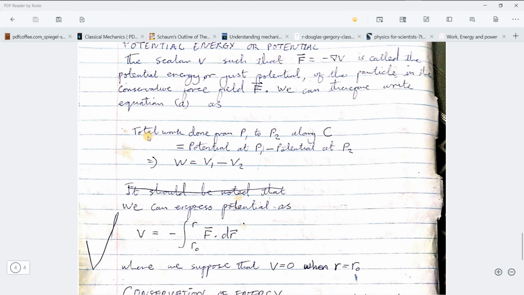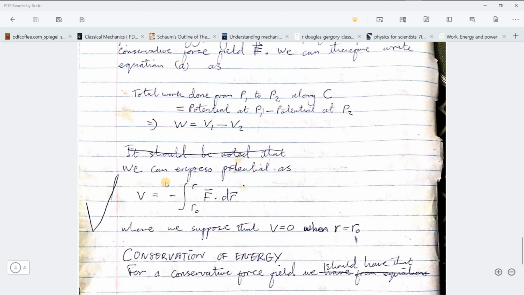I'll repeat this statement: total work done from P1 to P2 along C is equal to the potential at P1 minus the potential at P2. So you may be asked to calculate the work done using potential, and you just use this equation to find the work done.